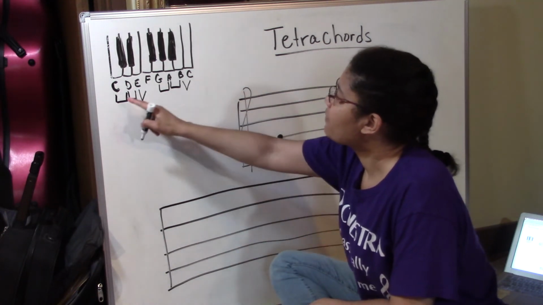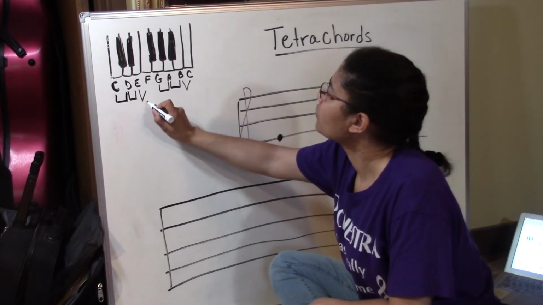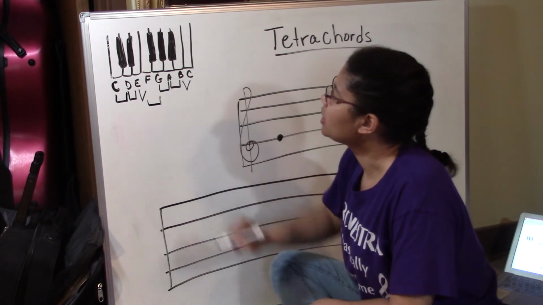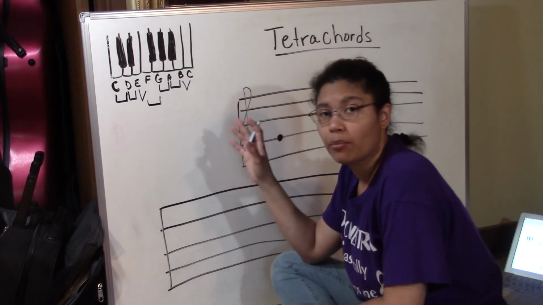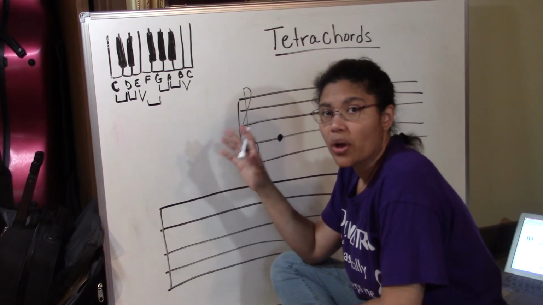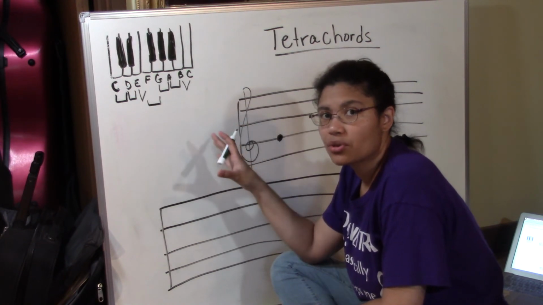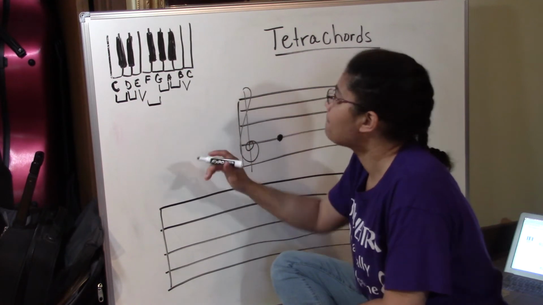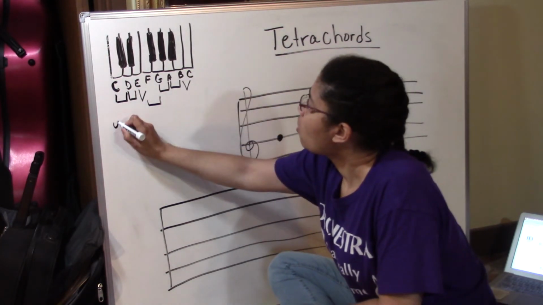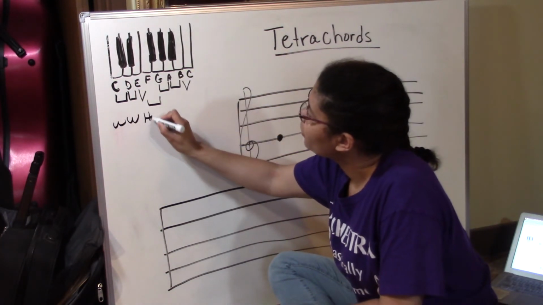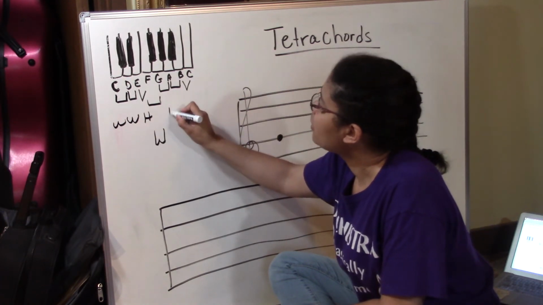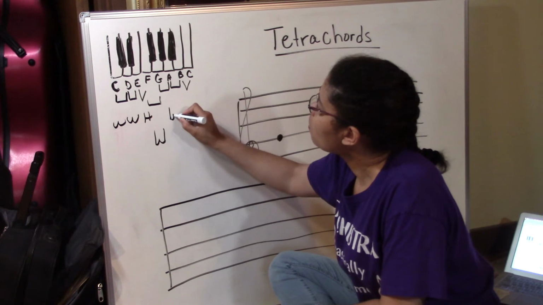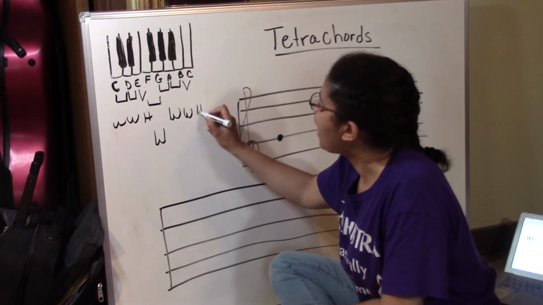Now, if I put them together and connect them, I'm going to connect them with a whole step. And this is the pattern of a major scale. A major scale has 2 tetrachords that are made up of whole, whole, half. We connect it with a whole, and then another tetrachord, whole, whole, half.